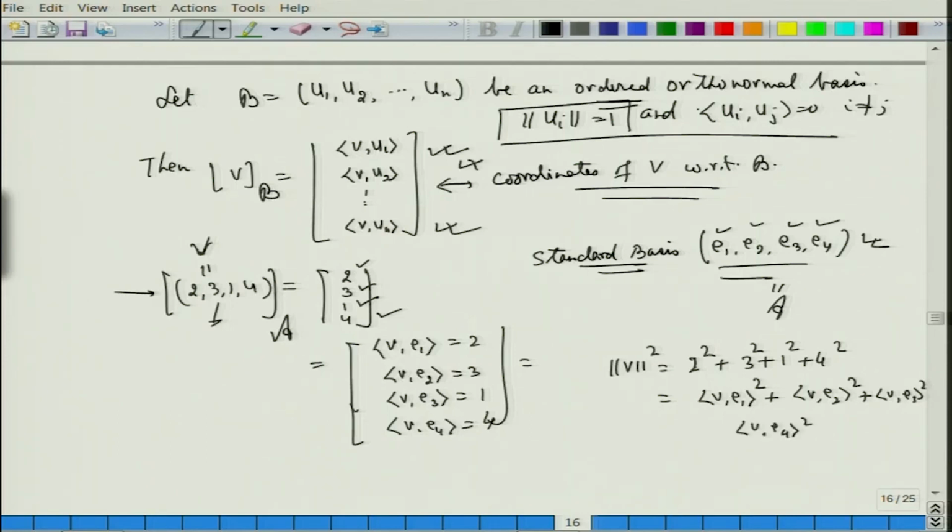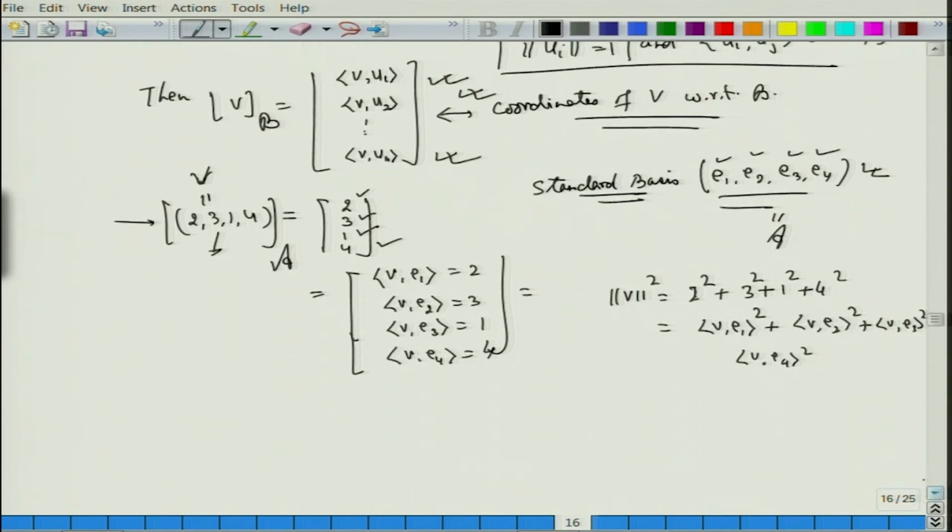This is also possible here. So with respect to this B, I still have that it is the summation of V comma UI squared, I going from 1 to n, fine.